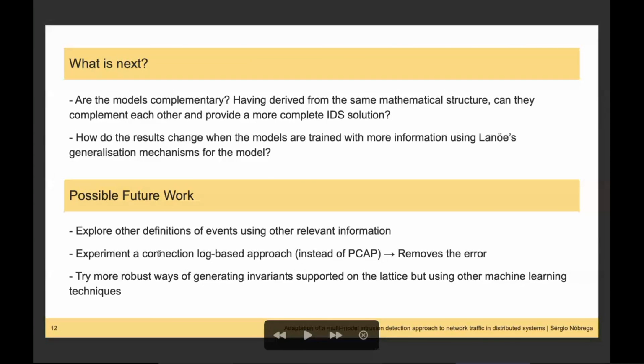So maybe we can also try to directly train the models with the logs and then see how they behave, and then try more robust ways of generating the invariants supported by other machine learning techniques.